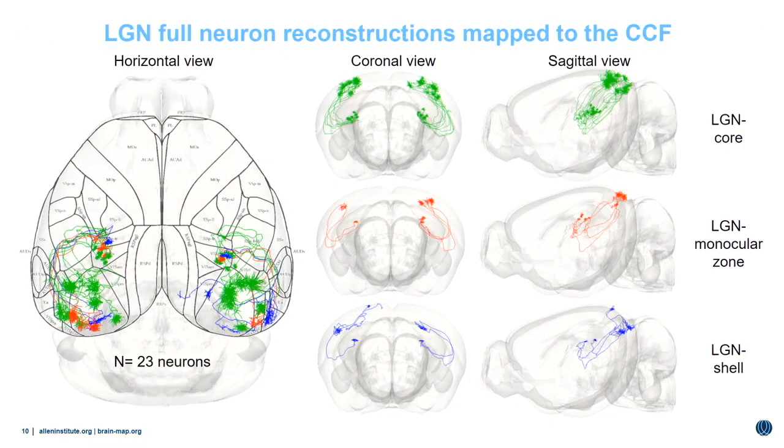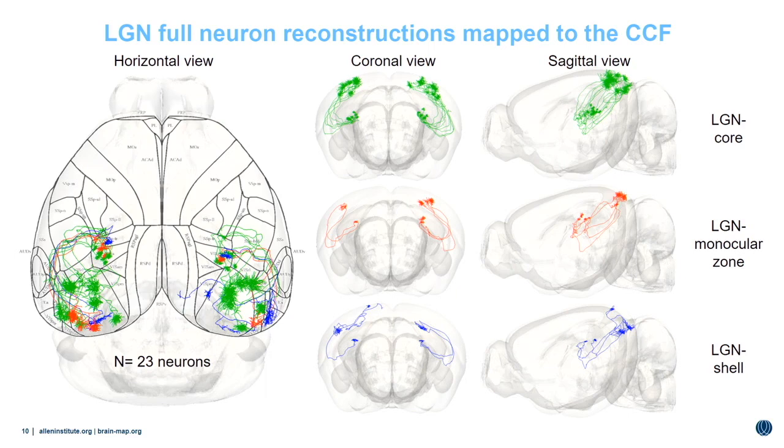Here I'm just showing all the LGN neurons that we reconstructed from two different TNT1A brains and then mapped to the CCF, or the Common Coordinate Framework, and then Yang will be talking in a minute about how this mapping is done. Then I have further divided the LGN neurons into these different domains of LGN, the core, this should say the ipsilateral zone, and then the shell.